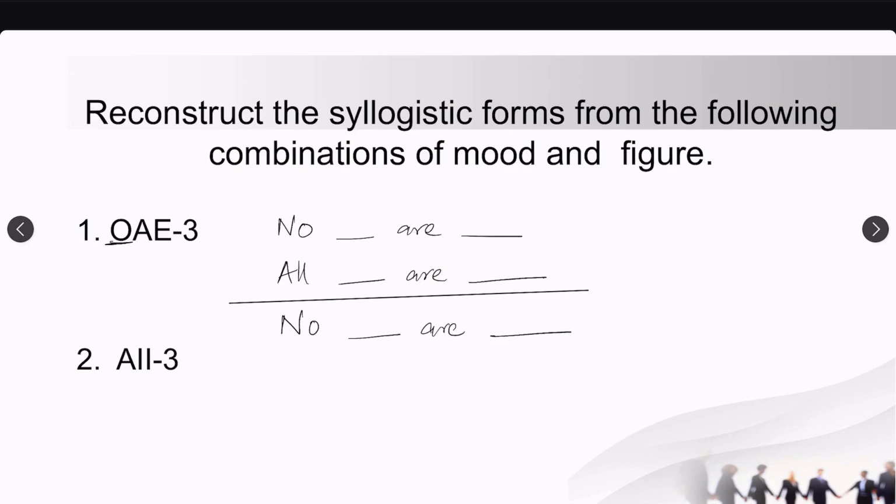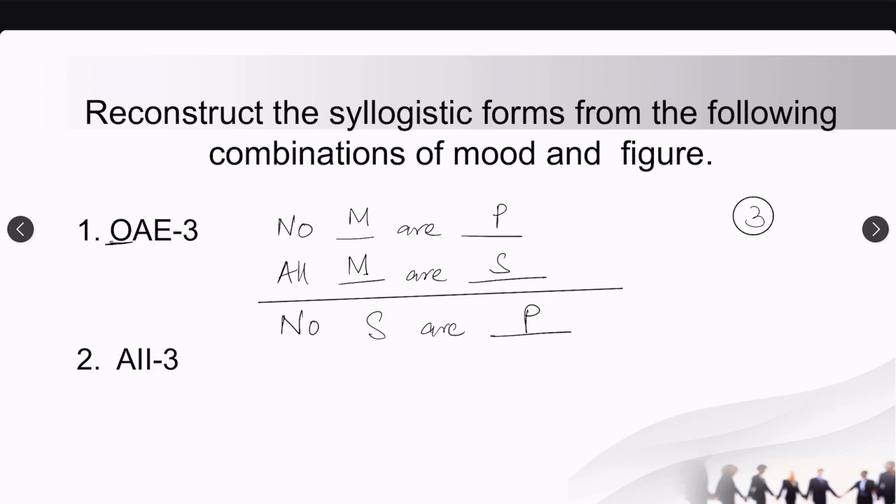Now as you all know what you have to do is you have to write the last proposition, no S are P, so you simply write no S are P. Here the important thing is you have to know the figures. So once you know the figures you will be able to do it. So this is in the third figure form, and in the third figure the middle term comes here, and then the predicate term is here, and then the subject term.